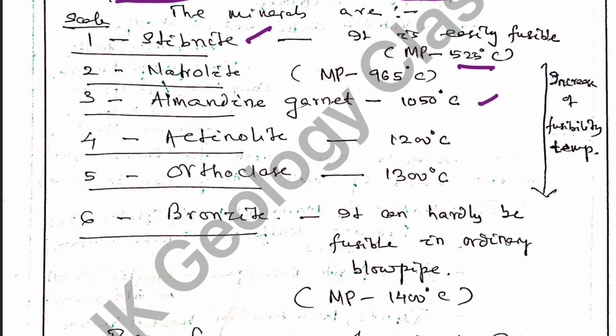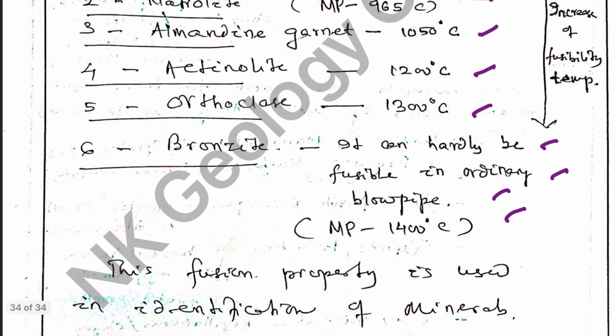1050 degrees centigrade. In case of actinolite, 1200 degrees centigrade. In case of orthoclase, 1300 degrees centigrade. Bronzite can hardly be fused in an ordinary blowpipe because its melting temperature is around 1400 degree centigrade. So, as you go down in the scale from stibnite to bronzite, the temperature of fusion increases.